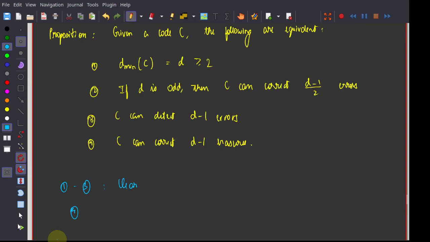So if I erase any d minus 1 locations, I'll still be able to recover the original transmitted codeword. But do you think that's a good strategy?